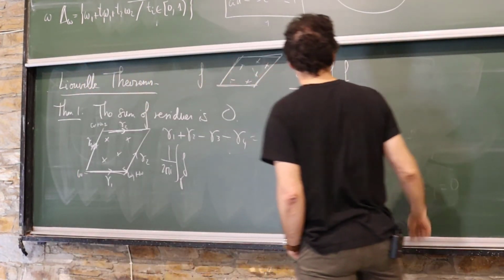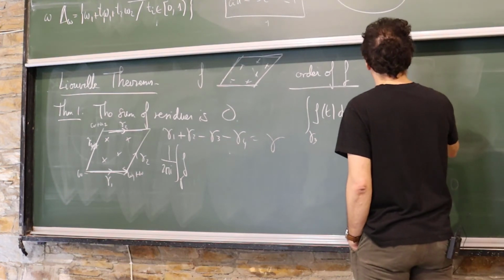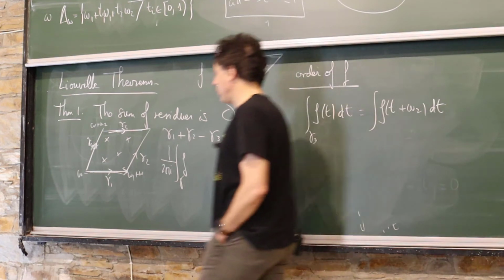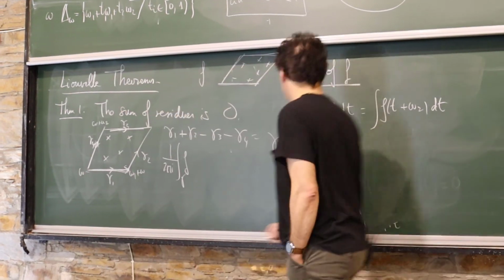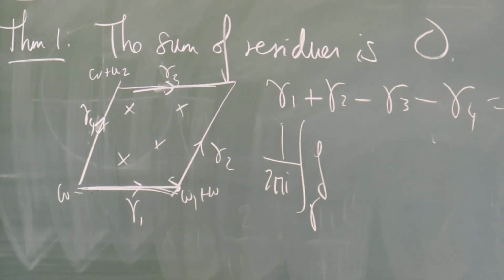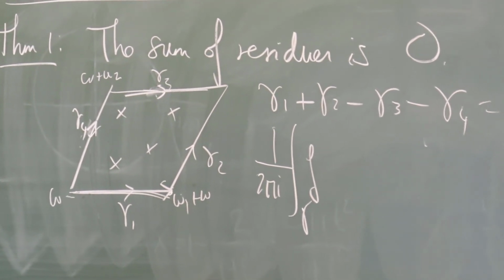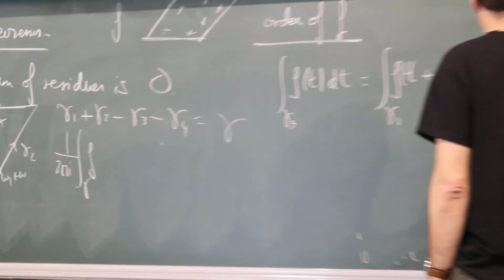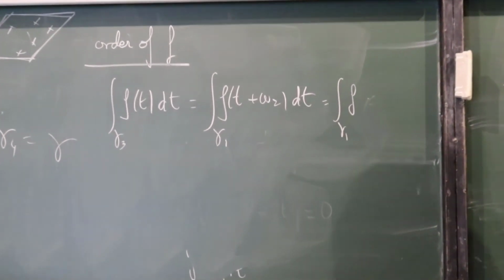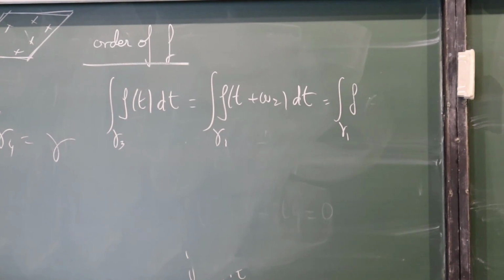Okay, this is the same as f of t plus omega 2 along here, with a small change of variables. And by periodicity, this is the integral of f. So the integral along gamma 1 is the same as the integral along gamma 3.